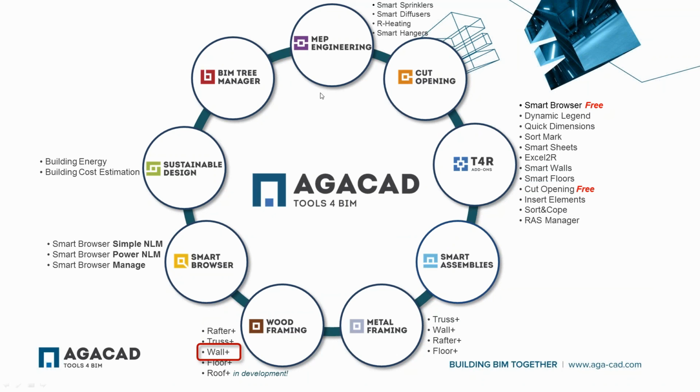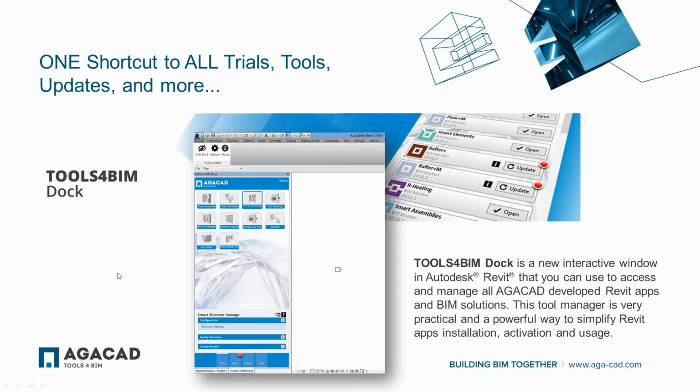Then we have solutions for MEP engineering. Then we have Parameter Manager, which is very good for managing parameters and parameter values which are created in your current project. Then we have Sustainable Design tools, and we have Smart Browser Group, where you can find solutions for working with your content, with your families from the library.